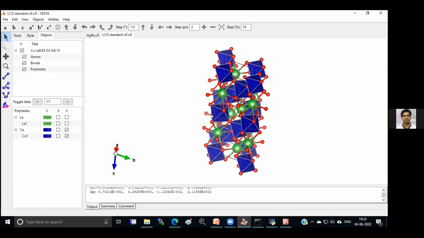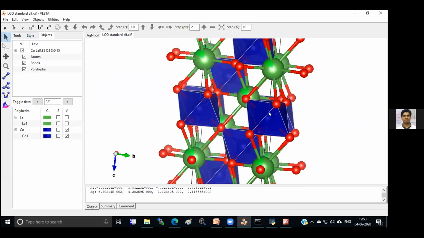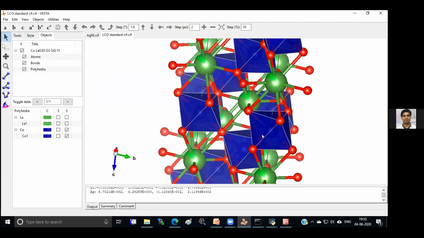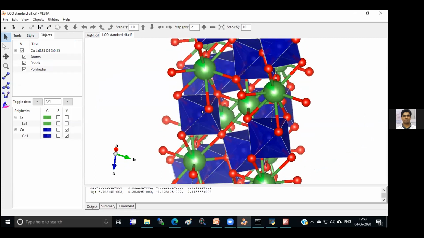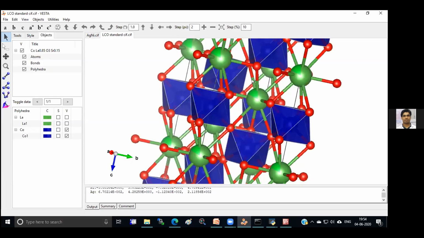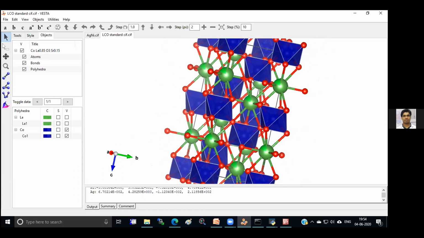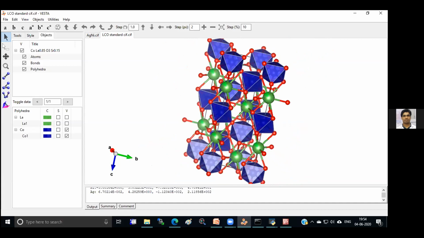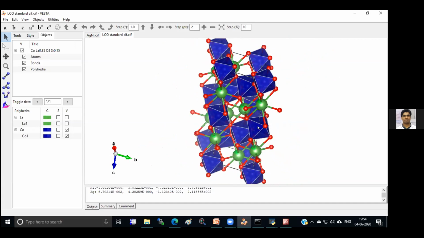Like here, this cobalt is sitting at an octahedral point, in octahedral symmetry, so it is showing an octahedral polyhedra. If this cobalt were tetrahedral instead, it would show a tetrahedral polyhedra. So that way you can distinguish, but you cannot change the color of the same element. Okay.